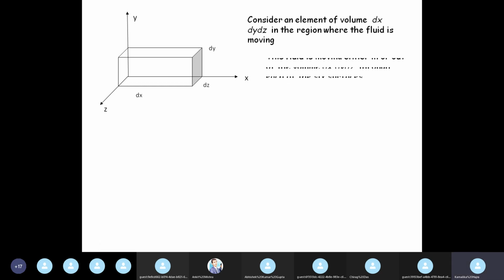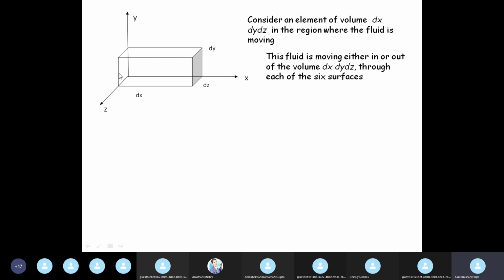Okay. Now, if you consider a volume like this with sides dx, dy and dz inside that fluid through which our liquid or particles or lines of force are moving, then through this volume some amount of fluid is crossing.